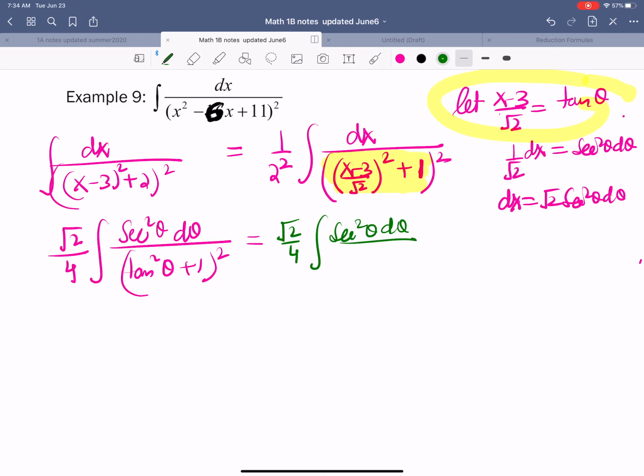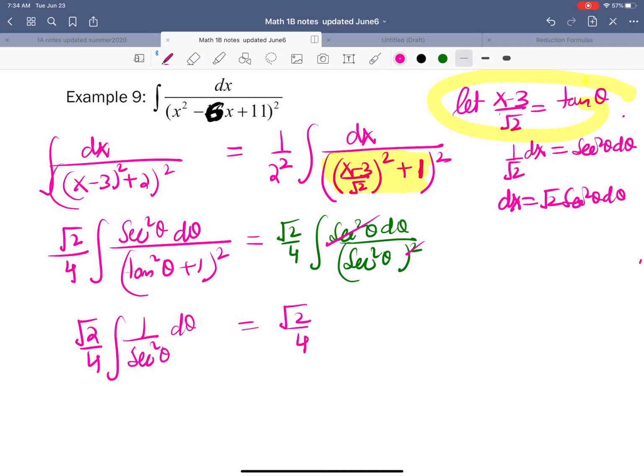Tangent squared theta plus 1 is secant squared theta. But then I also have the square of it. Now, looks like one of these will cancel. And I would be left with root 2 divided by 4, 1 over secant squared theta d theta, which is one of the integrals from the table, I think.